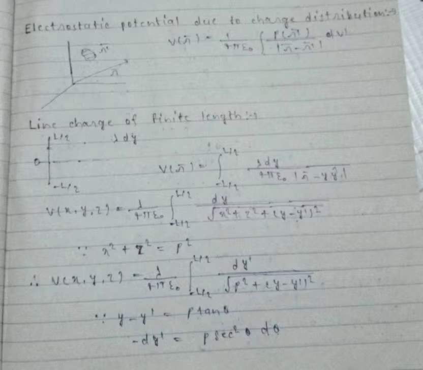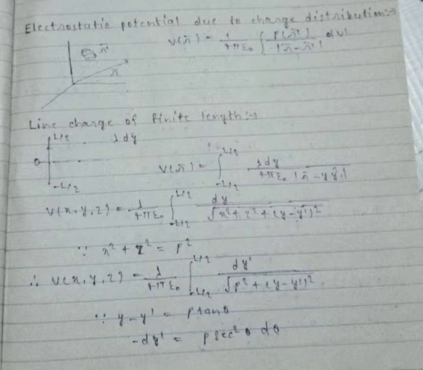So, this is going to be an integral. This is V at r, or I can write this as V(x, y, z) equal to lambda over 4 pi epsilon 0 comes out, and I have the integral from minus L by 2 to L by 2.